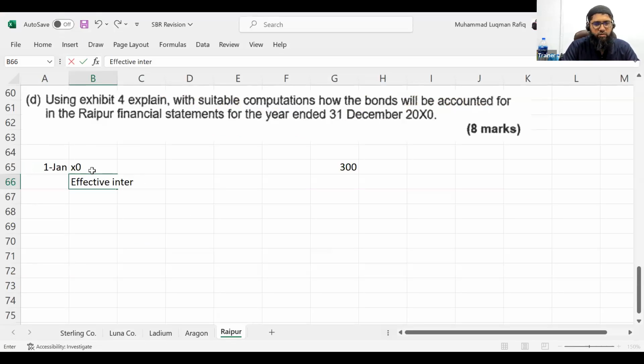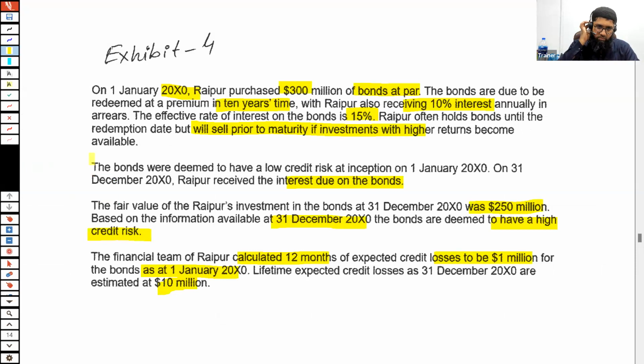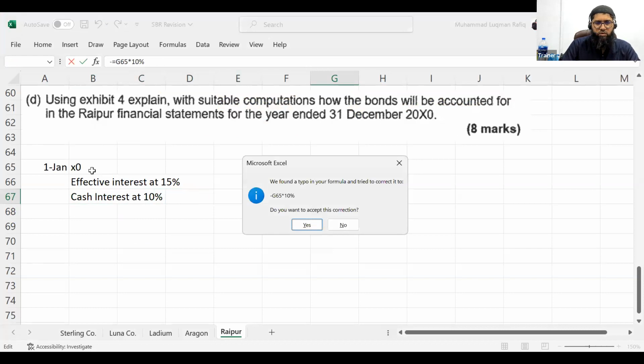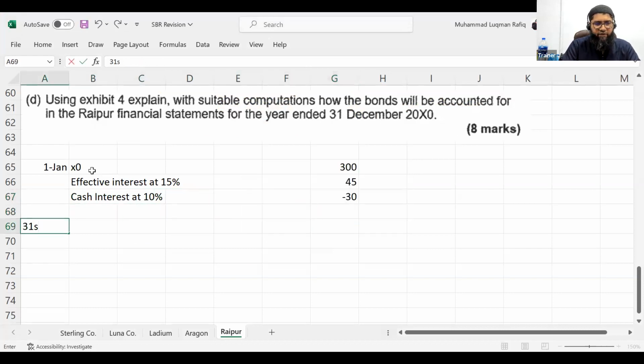Effective interest at the rate of 15%. Is this into 15%? Cash interest at the rate of 10%. Hence, 31st December X0.